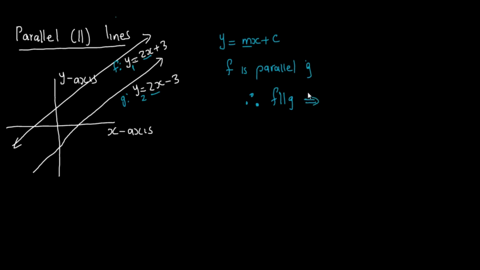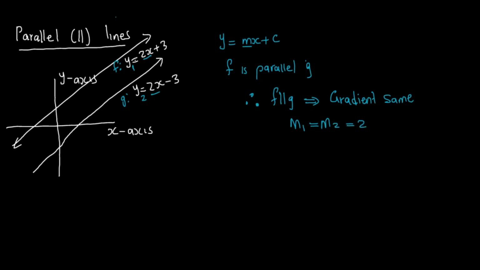What can we conclude about that? That the gradients are the same. So they will have the same gradient. The gradient of the first equation is equal to the gradient of the second one. So both of these gradients are equal to 2.